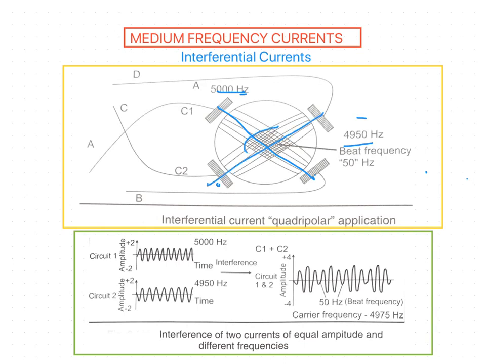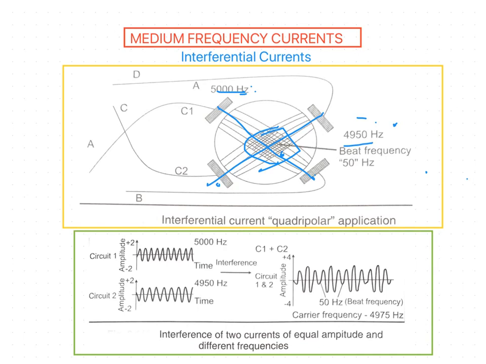At the center, inside the deeper tissues, this intersection creates a waveform that is sinusoidally modulated at a frequency equal to the difference between these two medium frequency waves. That is called the beat frequency.